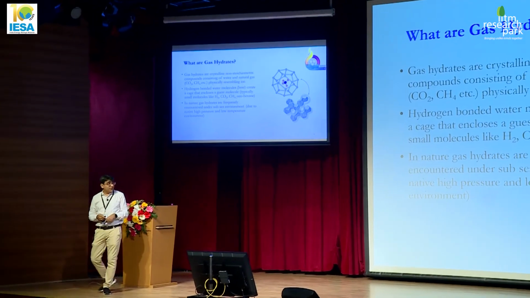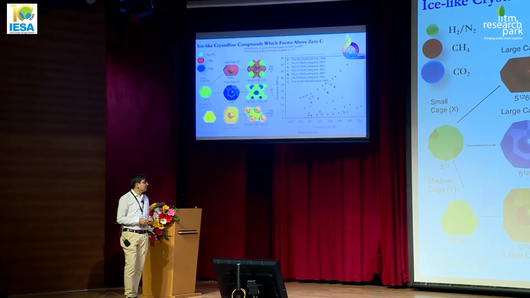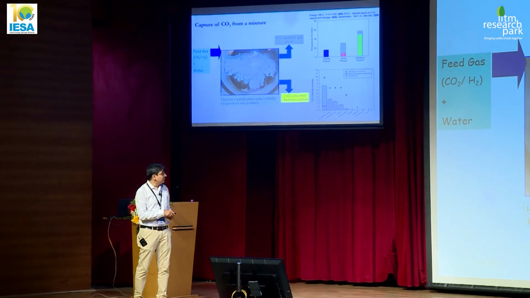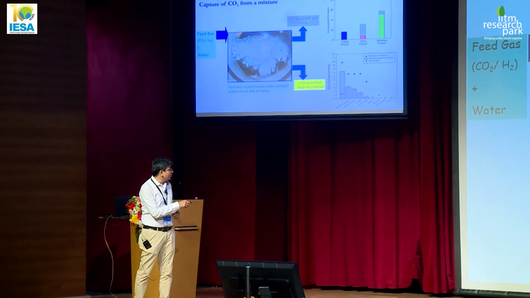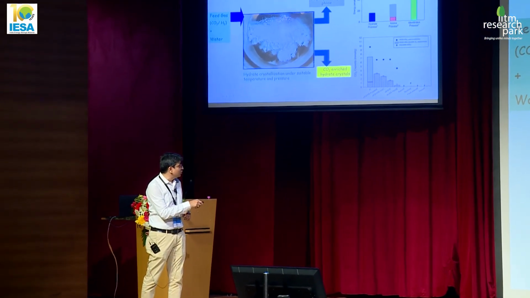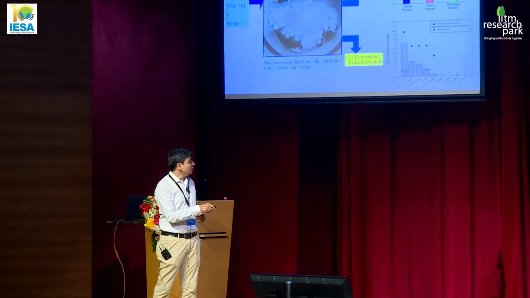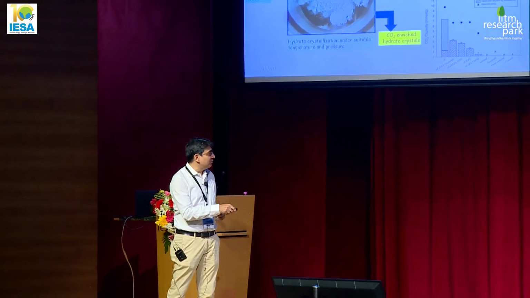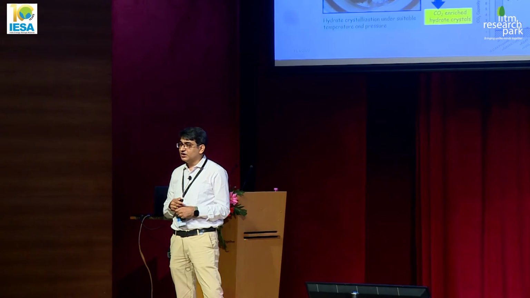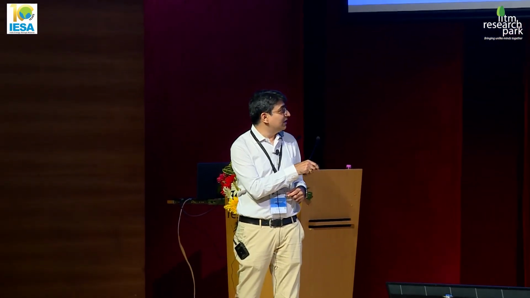Okay, so if you have a gas mixture, let me go to this slide first. If you have a gas mixture of CO2 and hydrogen or CO2 and nitrogen, you have to just bring this gas mixture in presence of water and mix it. You will form a solid hydrate, and in the solid hydrate, the CO2 will be there, and in the gaseous phase, hydrogen or nitrogen, whatever you have along with CO2, will be there.